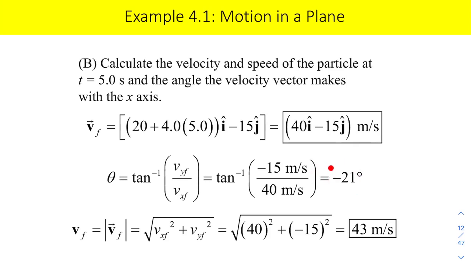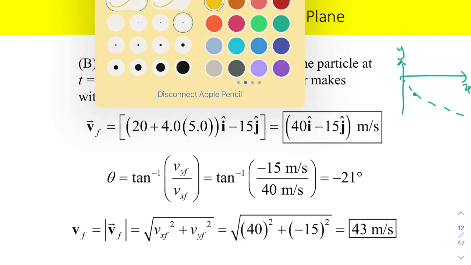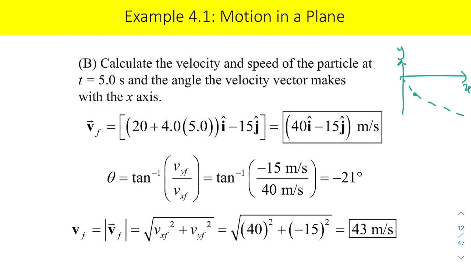What does negative mean? It means that it's below the x-axis. So remember the path taken like that, right? Let's say here is the position after 5 seconds, so it consists of vx here, vy here. So the angle is this one.